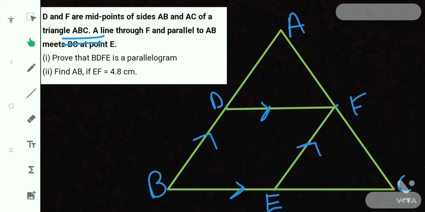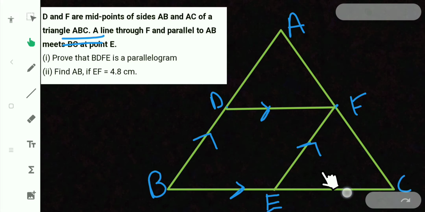We know BD is parallel to EF. So DF will be equal to half of BC. Like that also you can prove.